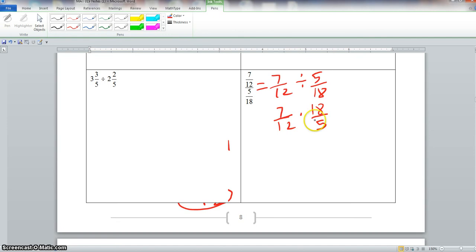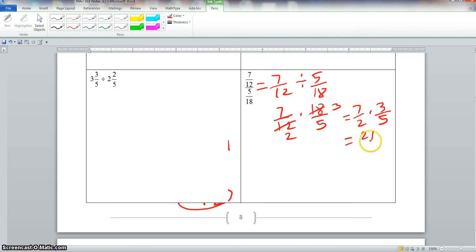Okay, so now we have to do cross simplifying. 12 and 18 both have 6 in common. 6 goes into 12 twice. 6 goes into 18 3 times. So that's the same as saying 7/2 times 3/5.